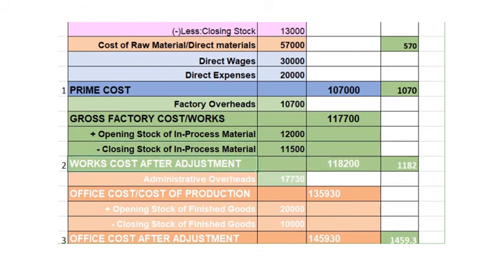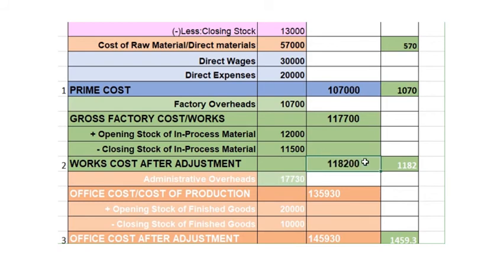So we find finally the work cost after adjustment, which is gross factory cost plus opening stock minus closing stock, which we get as 1,18,200, and the cost per unit is 1,180.